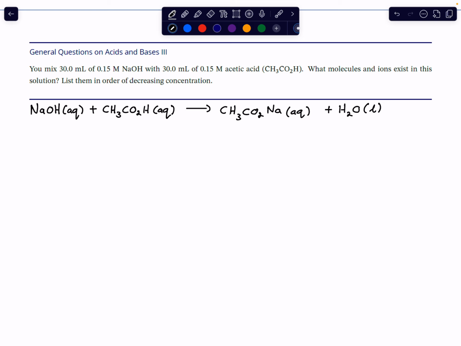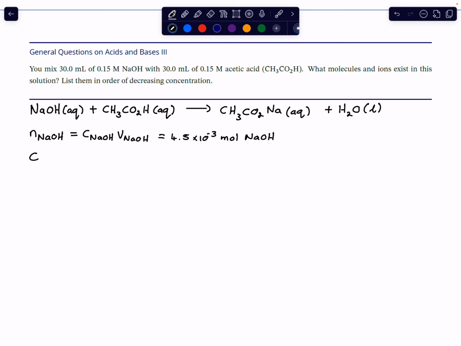Alright, so interestingly enough, you can analyze this quickly if we look at the number of moles of sodium hydroxide. So just checking the stoichiometry. That's equal to the concentration of sodium hydroxide multiplied by the volume of sodium hydroxide, which is equal to 4.5 times 10 to the negative 3 mole sodium hydroxide. Remember to work with volume in liters.